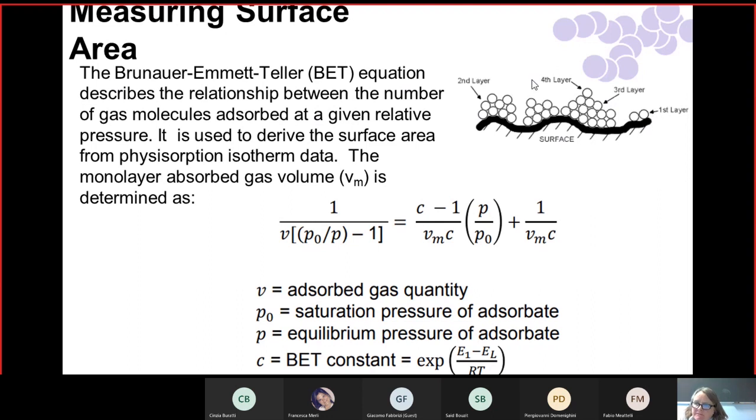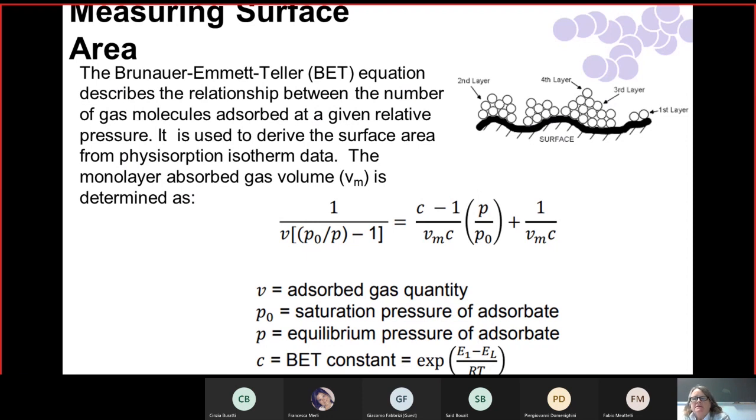So their equation, which they derived based on adsorption theory, is that the monolayer adsorbed gas volume, VM, this quantity, I want to know what that is. I want to know the volume of gas it takes to cover the whole surface, because then, knowing information about the gas and the size of the molecules, I can determine what the surface area is.